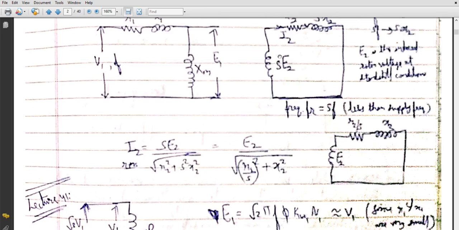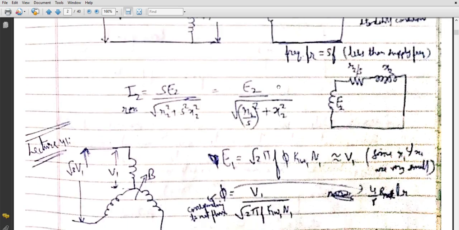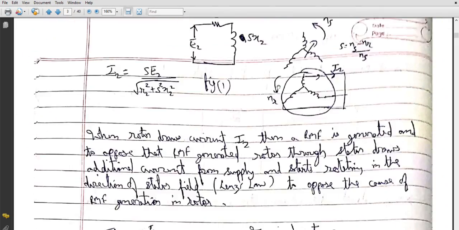As soon as the current starts flowing in the rotor winding, since the current produced is again a three-phase balanced current and the rotor winding is again a three-phase balanced winding, spatially displaced by 120 degrees, an RMF of the rotor will be induced. We have already discussed the speed of the rotor field. You can go through it again.